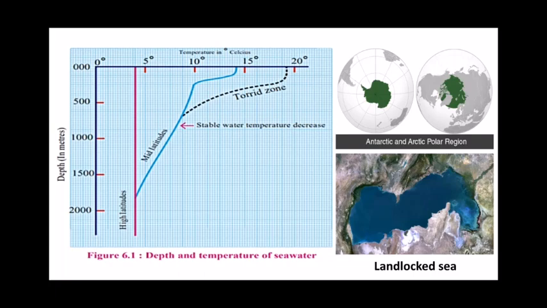The temperature of these landlocked seas is higher than the open seas. Why? Because the water is there in one place only. Even though it is getting evaporated, it is not moving. So that is why the temperature of these landlocked seas is higher than the open seas.